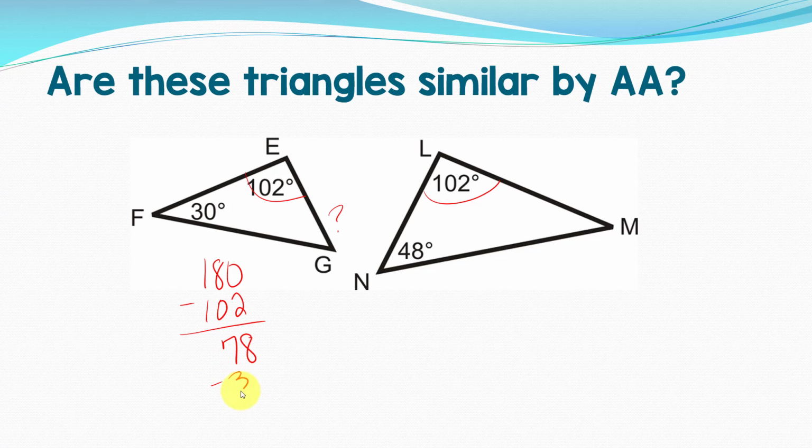Take away the other 30. That gives me 48. So this is actually 48 degrees, and that means this one is 30 degrees. So this is a yes. We just had to calculate the angles to find out for sure. So don't let that one trick you.